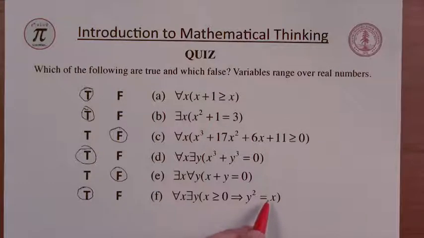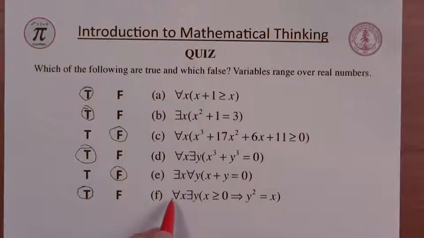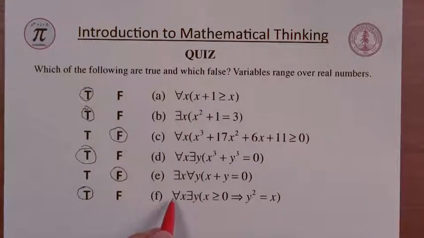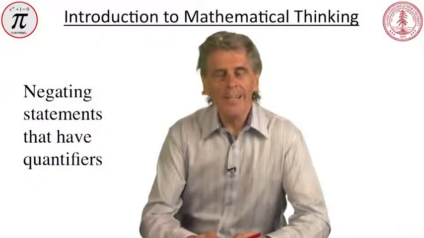You see what's going on? If you're given a negative x, there is no y that satisfies y squared equals negative x, not in the real numbers. But that eliminates that case. So this one's quite subtle. I suggest you think about this one. It's the kind of thing that you encounter quite a lot in mathematics. Okay? Well, how did you do? Okay, let's move on.